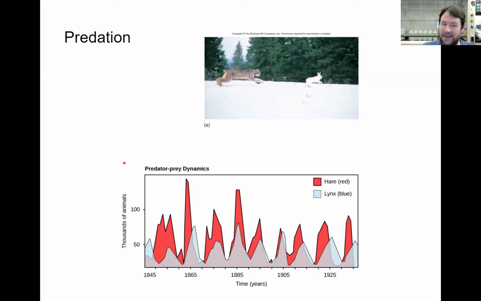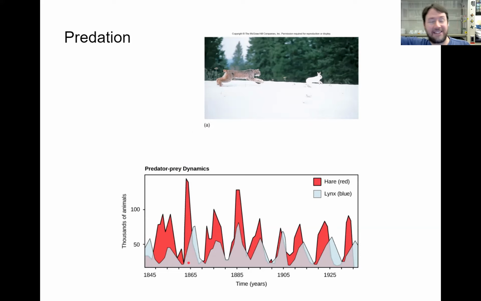Sometimes in certain cases, we can get this population cycling where the population of prey starts to increase exponentially. And then because of that, the predators now have a lot of food, so their population starts to increase exponentially. Well, then pretty soon there are so many predators that they start eating a lot of the prey, the prey population declines, and then the predator population declines.